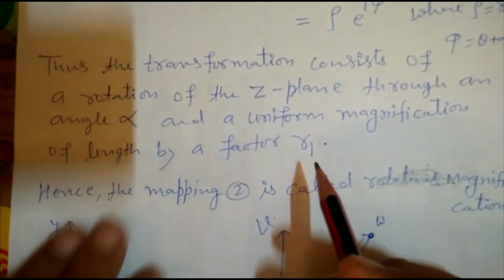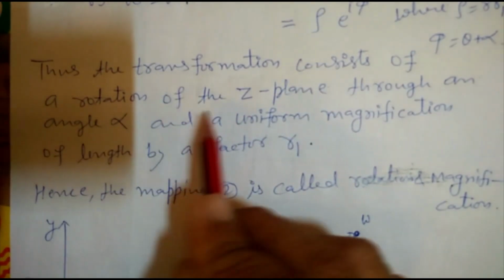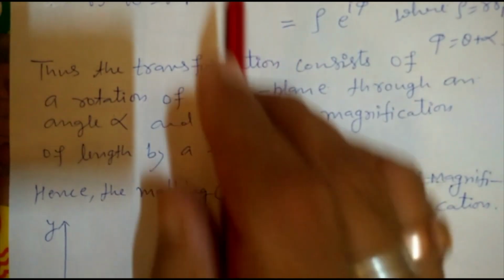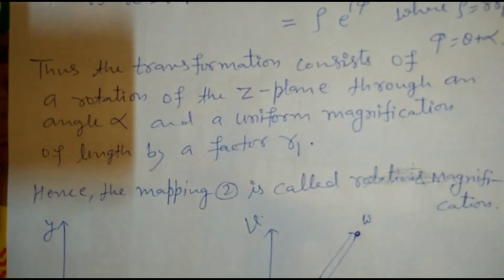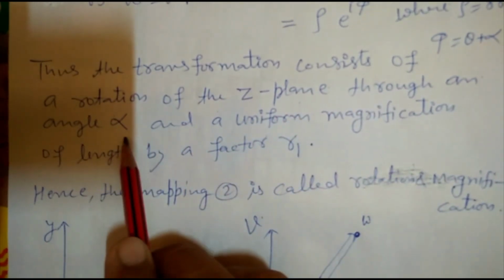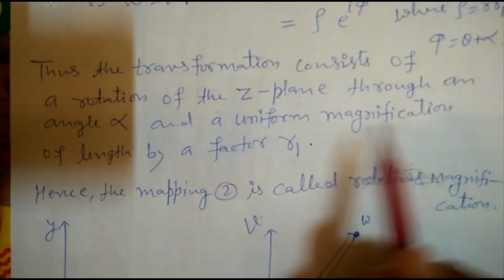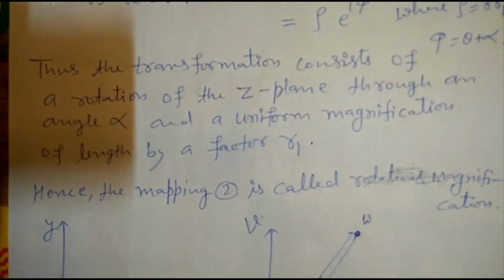Thus the transformation consists of a rotation of the Z plane. That is, when the coefficient of Z is a complex valued constant, the transformation consists of a rotation of the Z plane through an angle alpha and a uniform magnification of length by a factor r1. Hence the mapping 2 is called rotation and magnification.